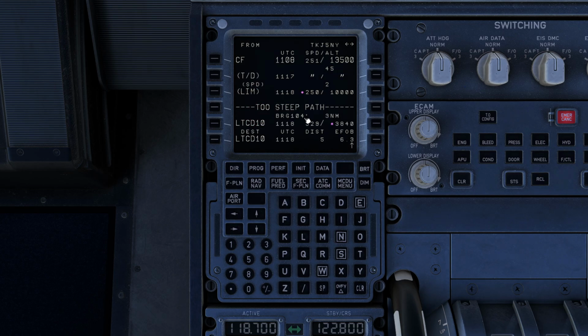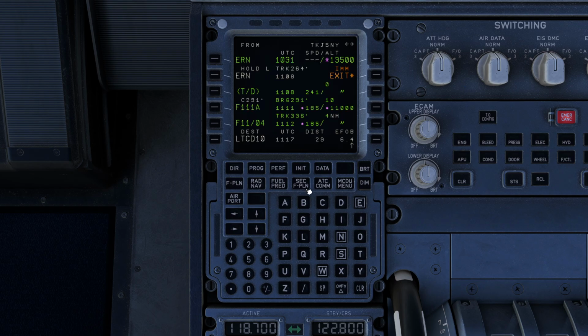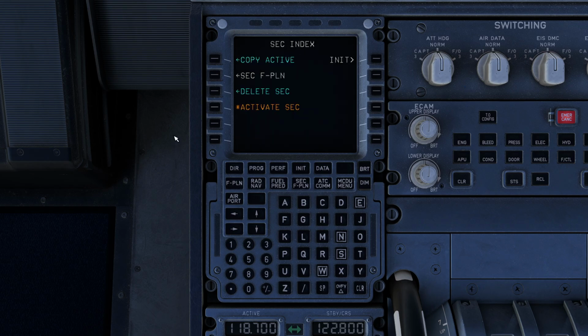That's complete. For the next item, when we are in circling and downwind leg, we will activate the secondary, and just we have the landing runway on ND because we do not insert any approach, any star and no via.